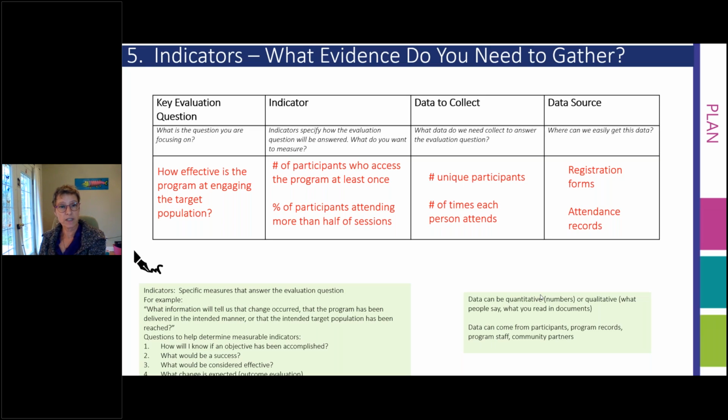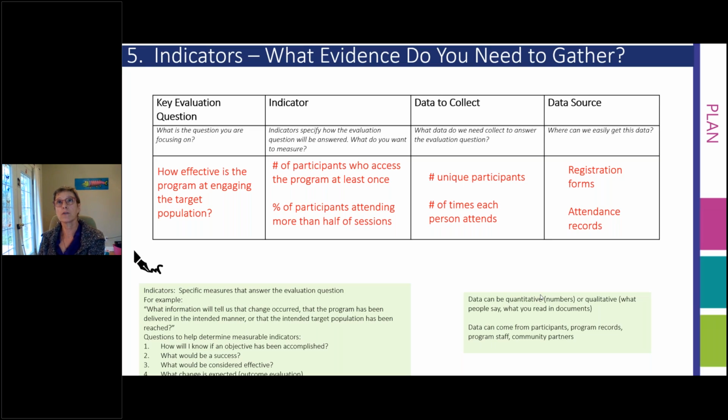And at the bottom, we have the tips again as to some things to think about, questions that will help you determine if the indicator is measurable. They can be quantitative indicators, those are numbers, and qualitative. And I noticed in the early poll that people talked about both kinds of data. And there are many data sources.